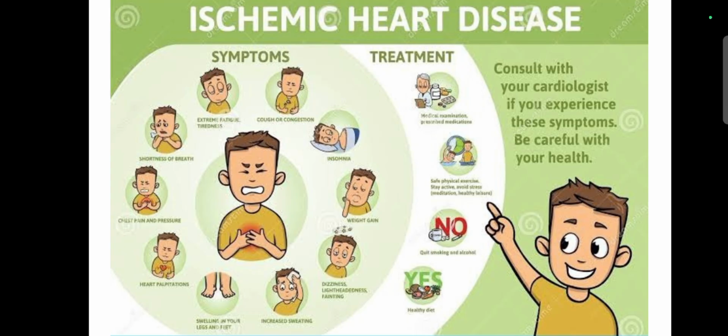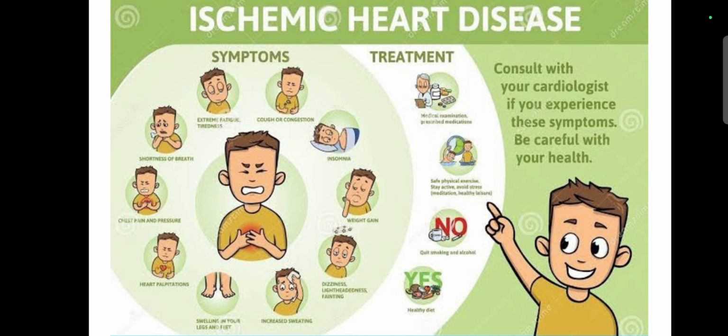Then, what are the symptoms and what are the treatments that can be given? So, if the patient has ischemic heart disease, he may experience extreme fatigue if he is doing certain work, or even normal work can lead to fatigue.